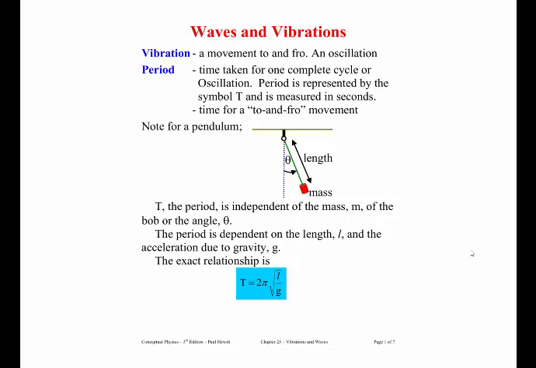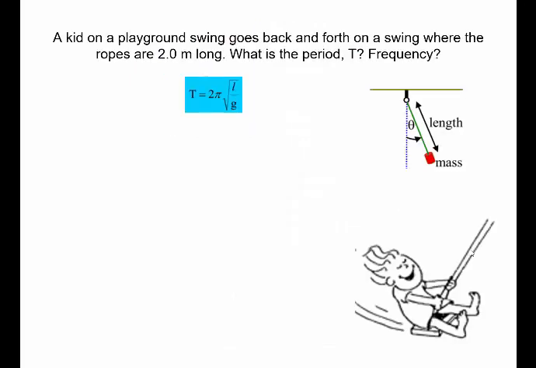We could derive this, but we won't. So the period is equal to 2 pi times the square root of the length of our string divided by g, where g is just the magnitude of acceleration due to gravity, 9.80 meters per second squared. Nothing very different than what we've talked about before.